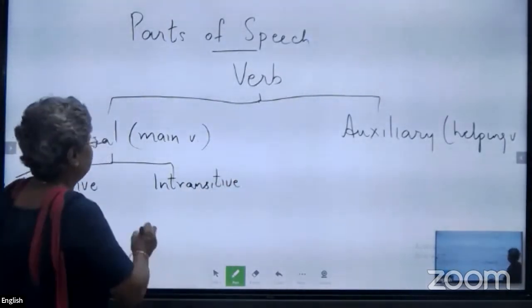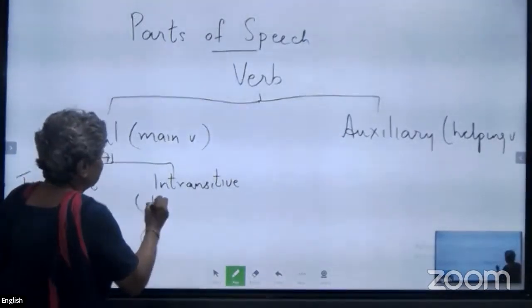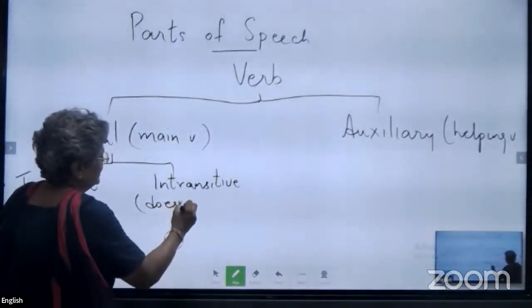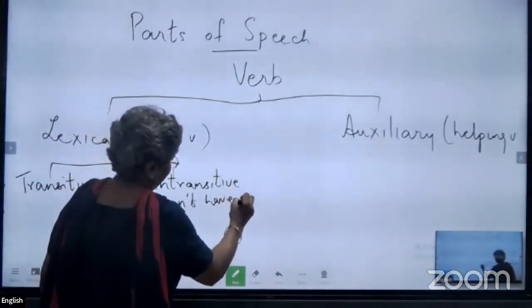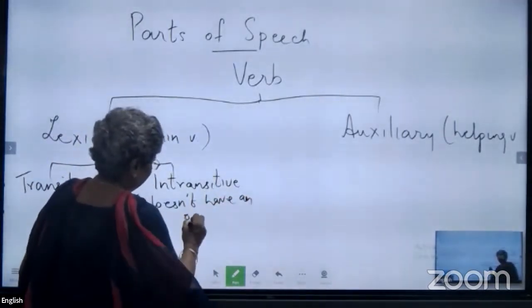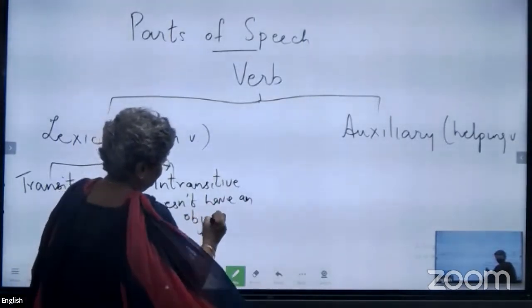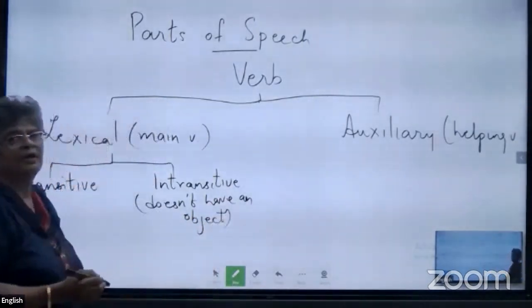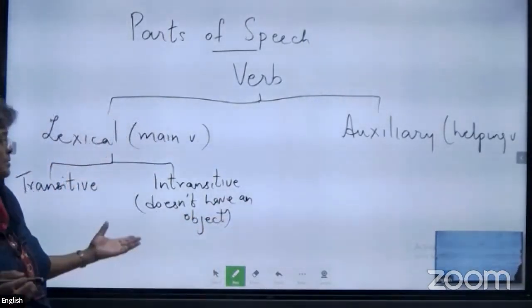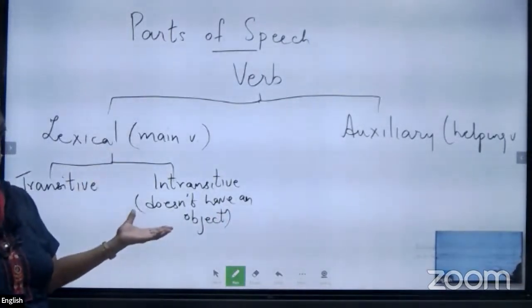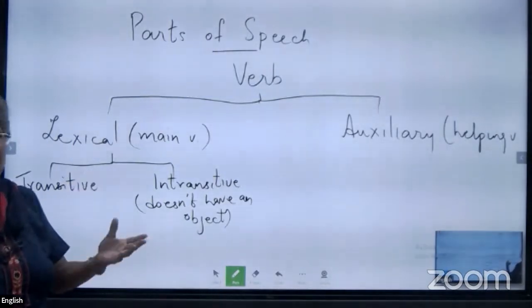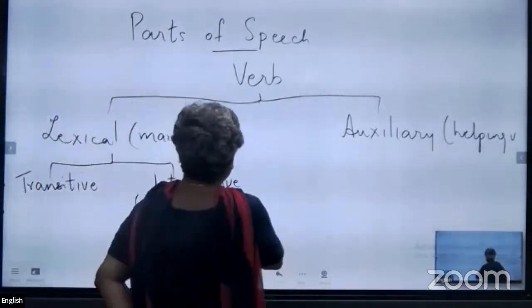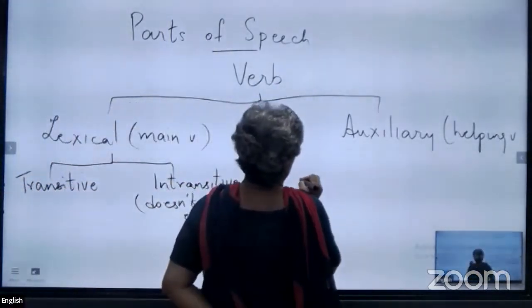The difference is intransitive doesn't have an object. Like birds fly. The birds are subject, fly is verb. But it doesn't have an object.